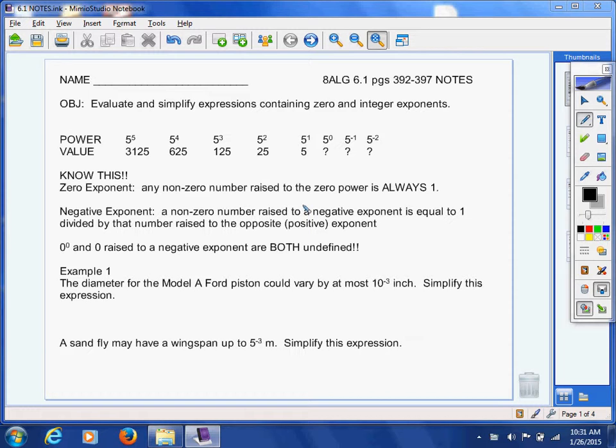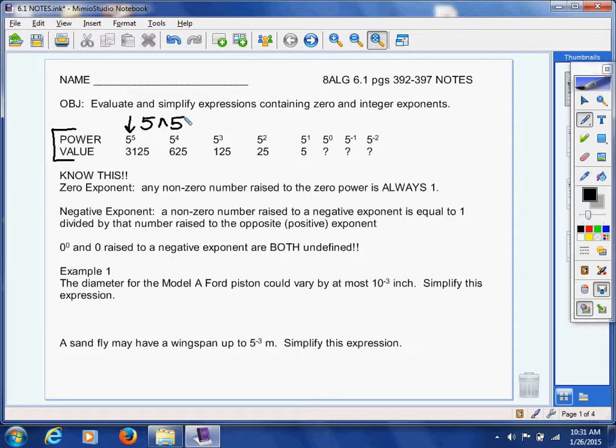Okay, now where I want you to focus your attention is right here on this first line under the objective where I show you the power, and in this case I have 5 to the 5th power. If you have your calculator ready, to verify my number do 5 to the 5th, hit enter, and you'll see that it equals 3,125.